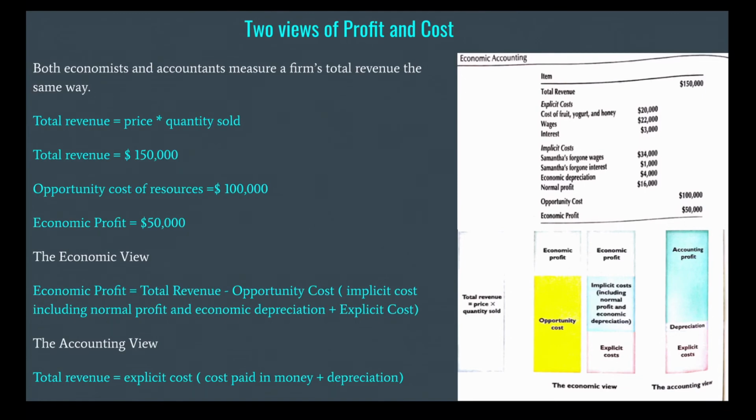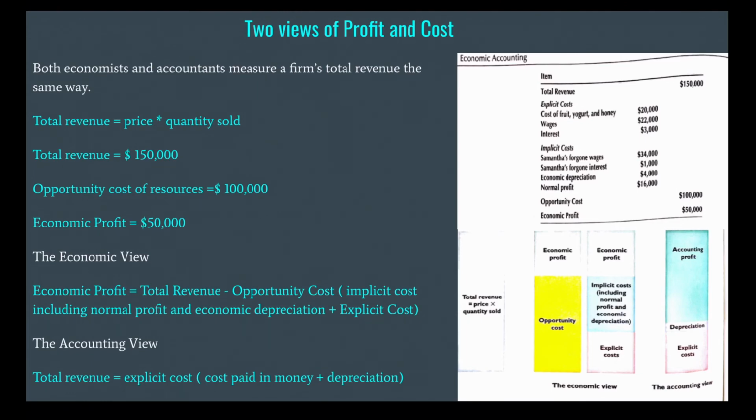So this is an example of two views of profit and loss. Both economists and accountants measure a firm's total revenue the same way. The total revenue is the price times quantity sold. In the first block you can see that the total revenue in the table is $150,000.